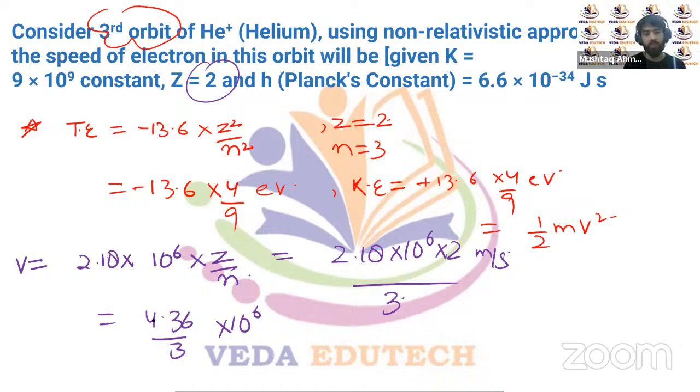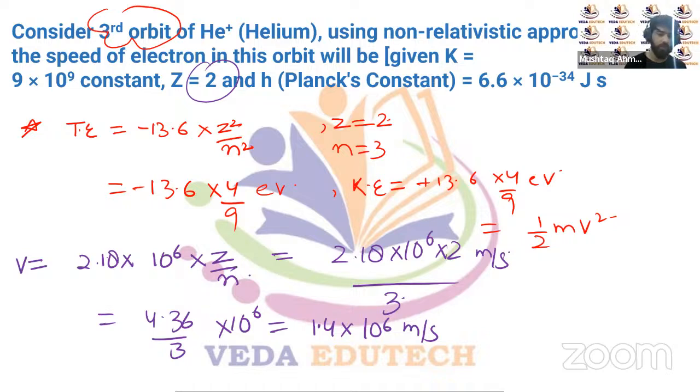Approximately it comes out to be 1.4 into 10 to the power 6 meter per second. So this much will be the speed of this electron in n equal to 3 for the helium atom.